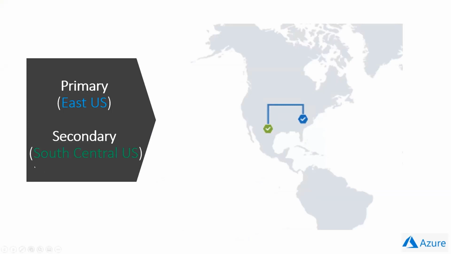Now, there are also other use cases. The main one, of course, is when you have a disaster in the area, but also imagine that maybe you have your headquarters in Virginia, in East US, but you have a lot of customers or employees in Texas, in South Central US, and they need to access reporting. They need to run these heavy reports.